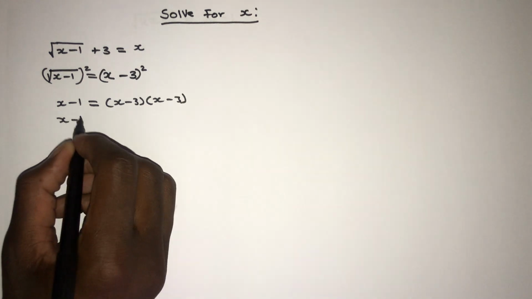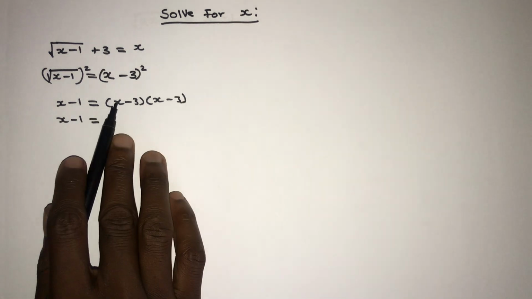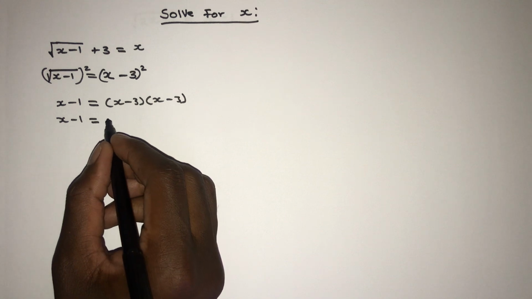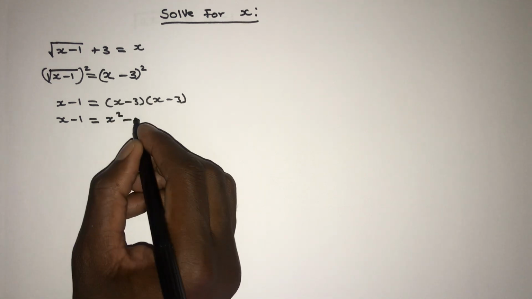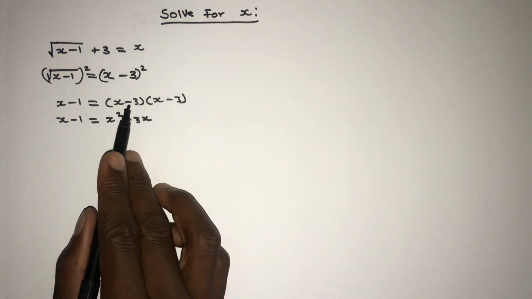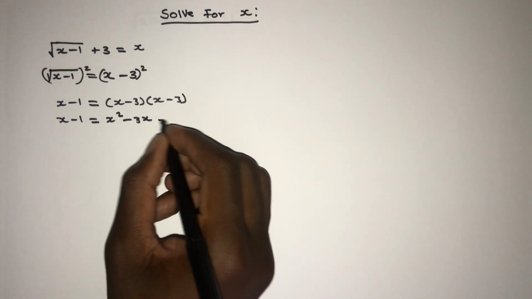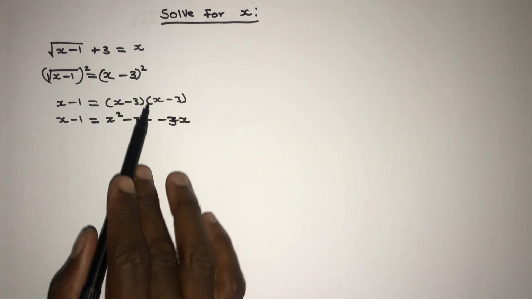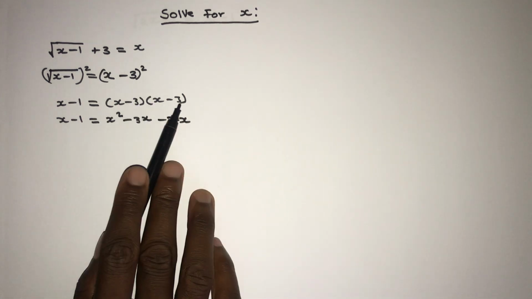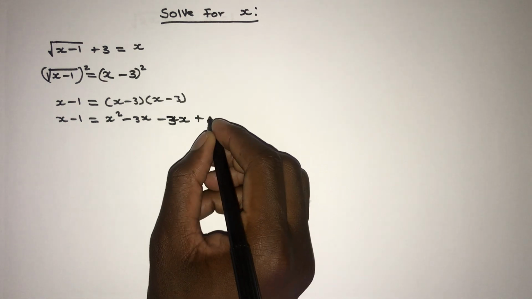squared. Then x minus 1 is equal to x times x is x squared, x times negative 3 is minus 3x, negative 3 times x is minus 3x, then negative 3 times negative 3 is positive 9.